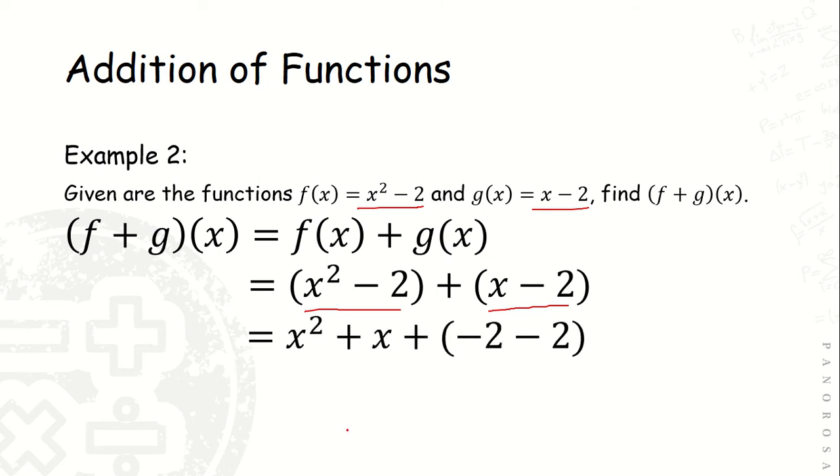And then combine similar terms. So we have x squared plus x, and then negative 2. So we have negative 2. And then positive times negative, we have negative 2 also.